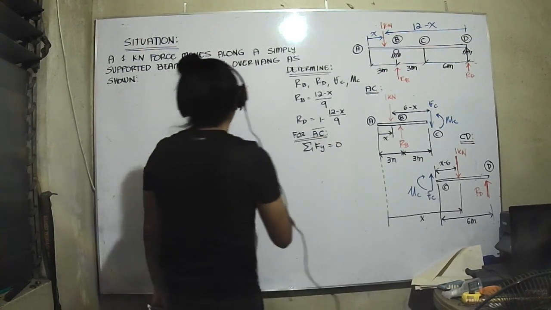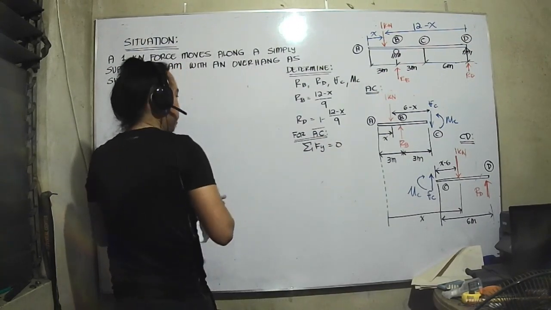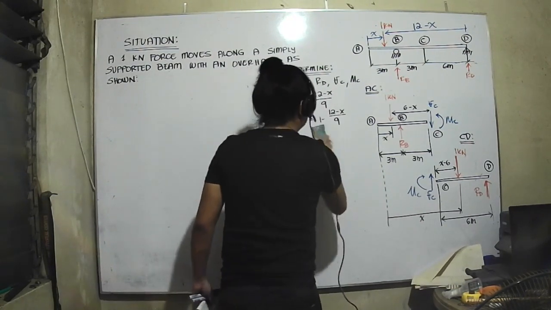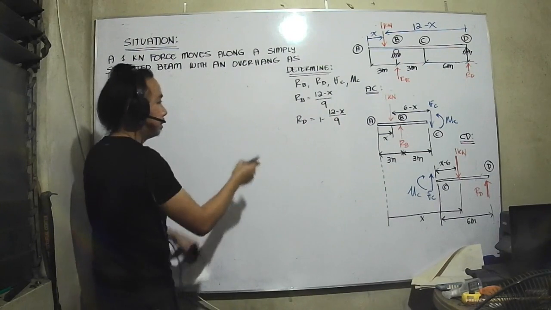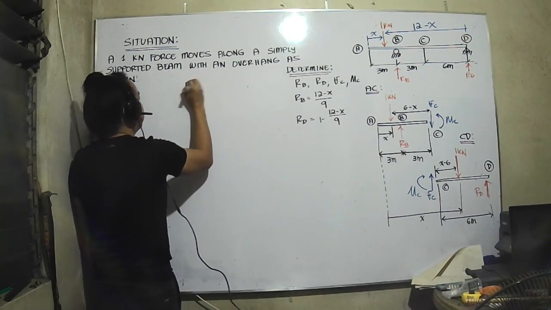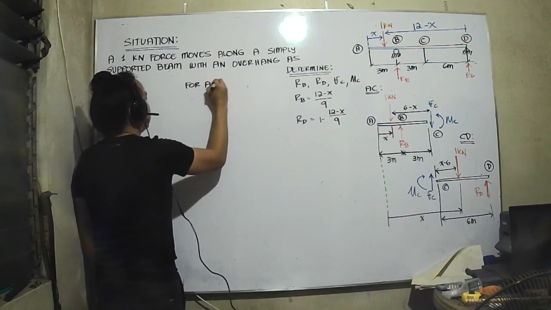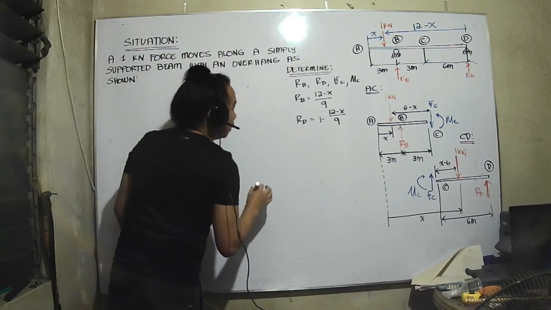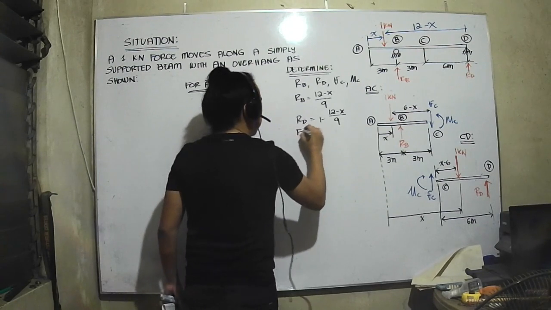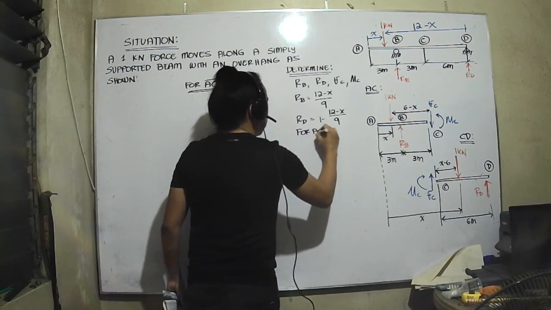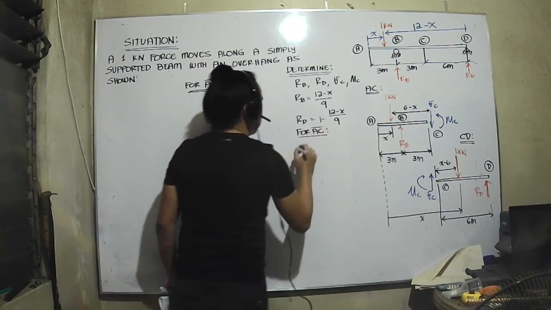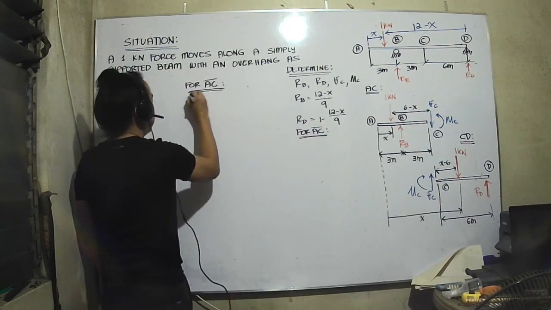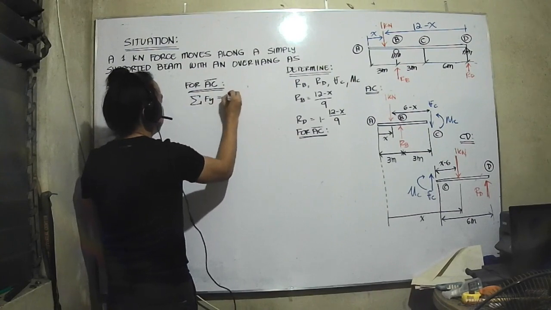I will write it here, sorry, there is a little less space. Now, for AC, summing up forces in the Y direction is equal to 0.